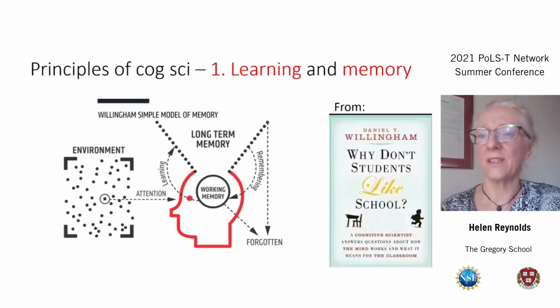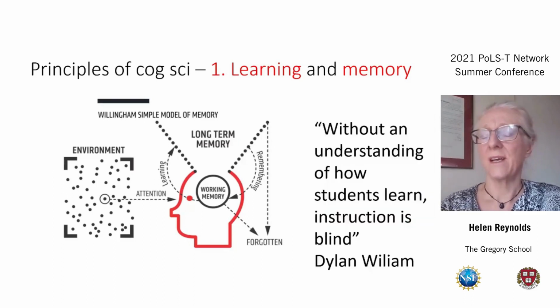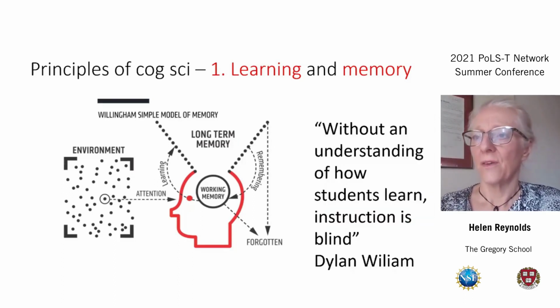So this is from this book. There'll be various books. I put links at the end of this presentation to all the books. This is fabulous. If you haven't read it, I would strongly recommend it. It was one of the first books I read about cognitive science, and super interesting. Daniel Willingham is great. If you can read the quote.